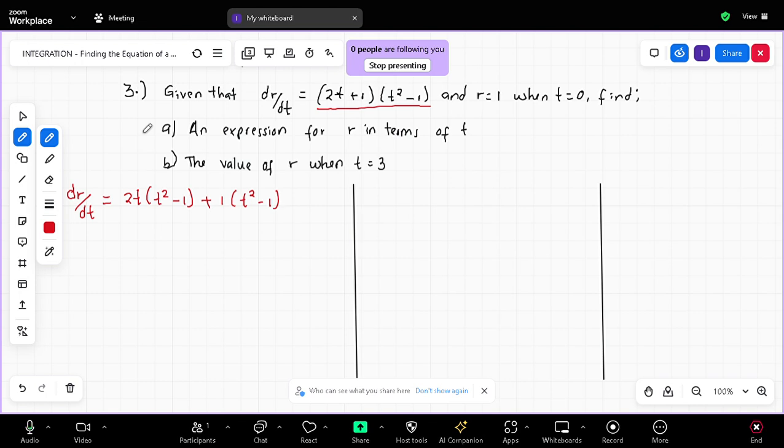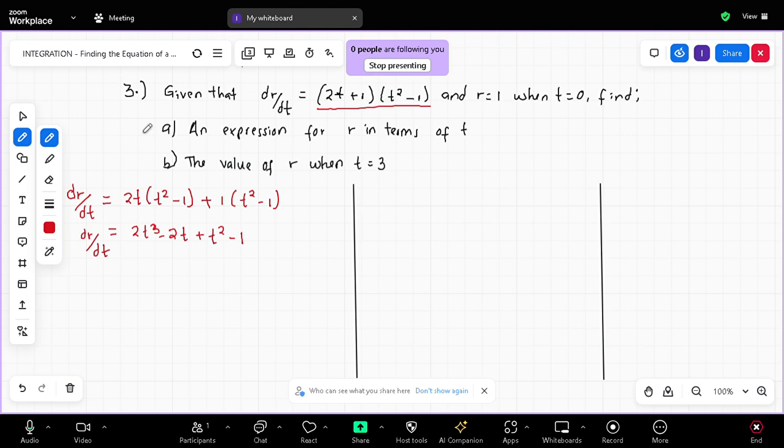So when you expand, the right hand side becomes 2t cubed minus 2t plus t squared minus 1. So this one is dr/dt.